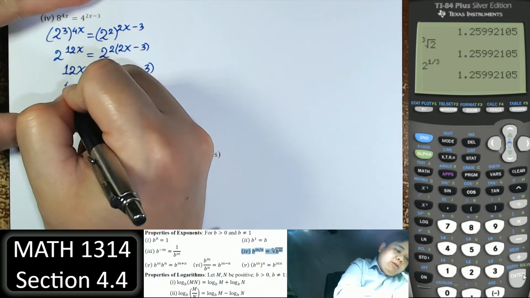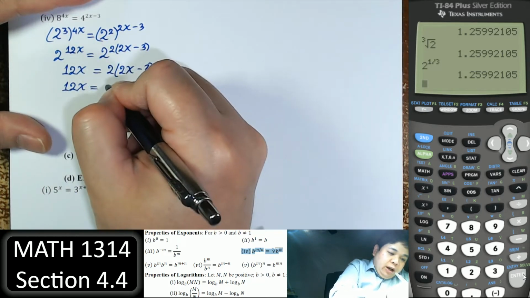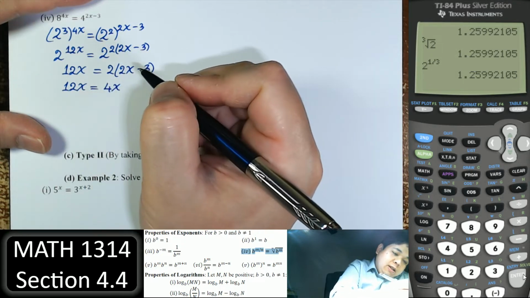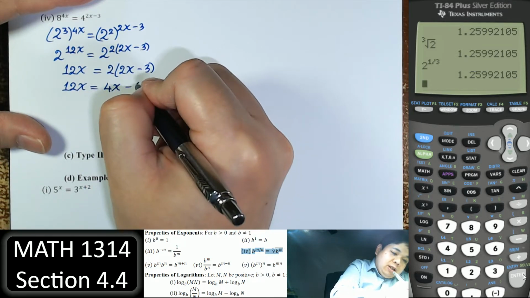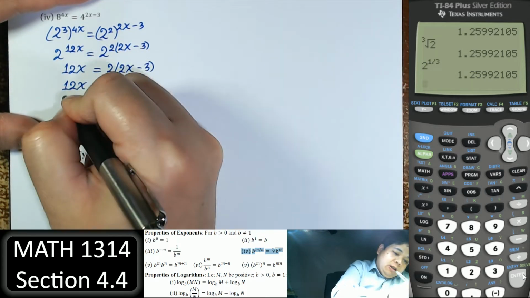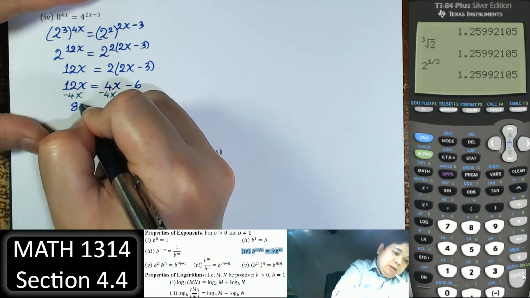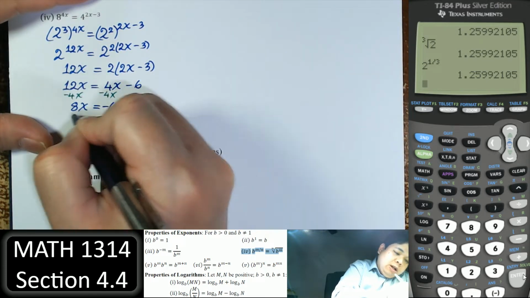Right, multiply them out. So 12x equals 4x minus 6. Move the x to one side, and divide by 8.